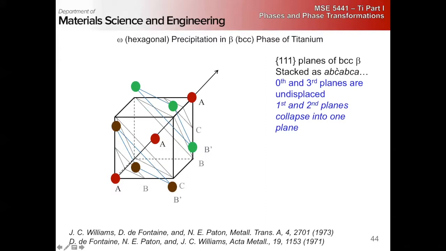But basically, if we think about the BCC beta, we've got this ABC stacking sequence, and the 0th and the 3rd planes remain undisturbed. Professor Fraser used the word undisplaced, which I thought was a very British way of saying it, so I kind of left it.